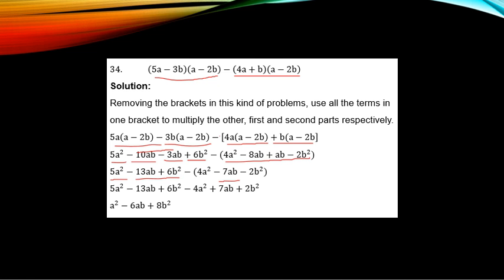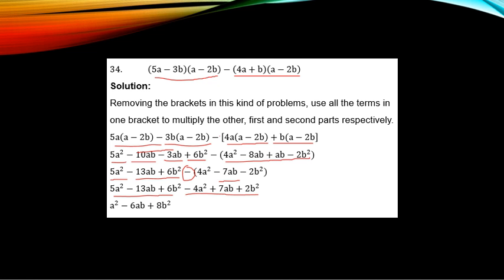So this minus that is here, we have to open the second bracket as minus 1. So you have everything here remains the same. So minus 1 times 4a squared, you have minus 4a squared. Minus 1 times minus 7ab, you have plus 7ab. Minus 1 times minus 2b squared, you have plus 2b squared.